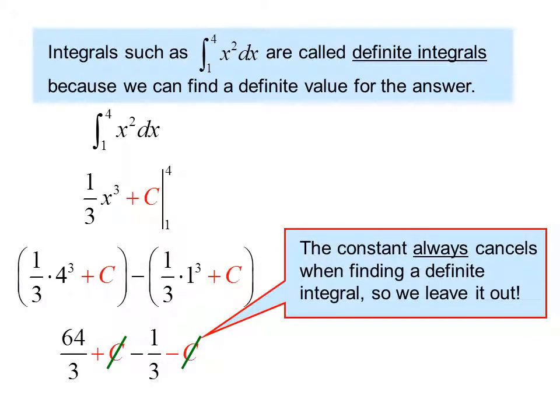In fact, the constant always cancels out when finding a definite integral, so we leave it out. We do not normally show the plus c in this step. So our answer is 63/3 or 21.